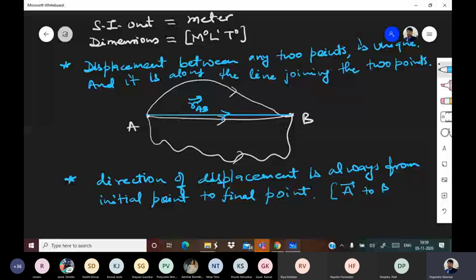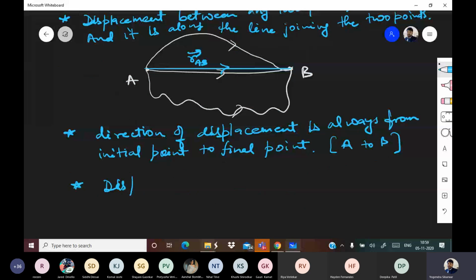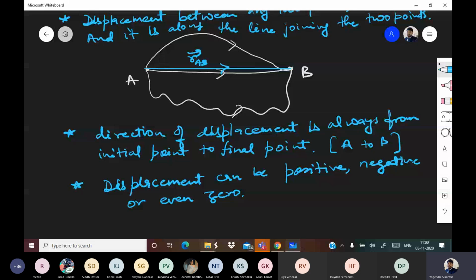Displacement can be positive, negative, or even zero. Okay, so displacement of any object can be positive, negative, or even zero. How can this happen? Let us see.